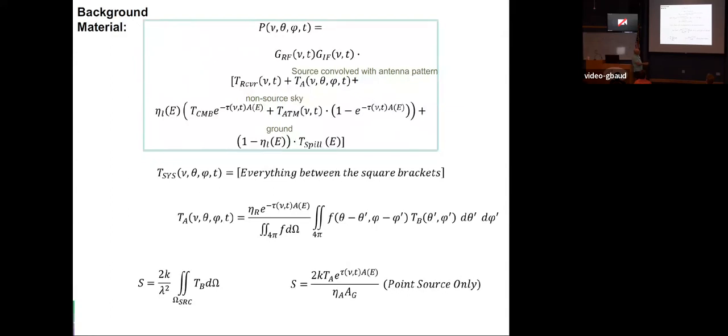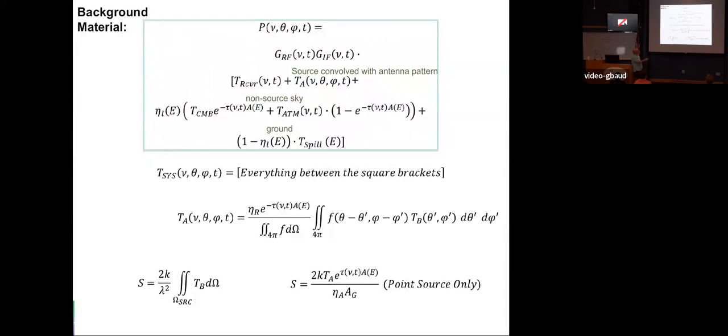It's basically the antenna power pattern on the sky as a function of two angles, like this angle and that angle. So it's an integral over the brightness temperature of the source structure on the sky. You can imagine having a source structure on the sky, varying as a function of angle. So that's what TA is.